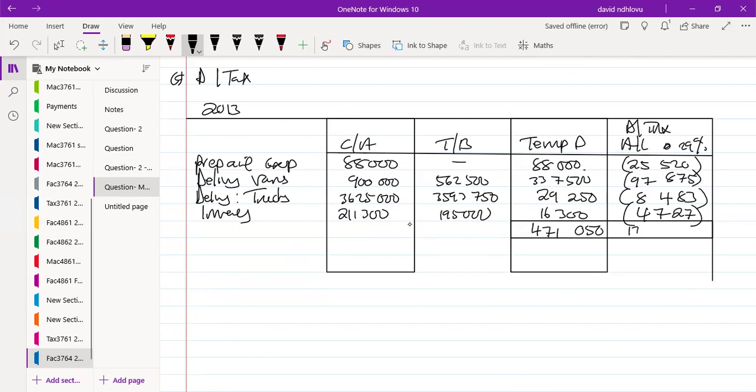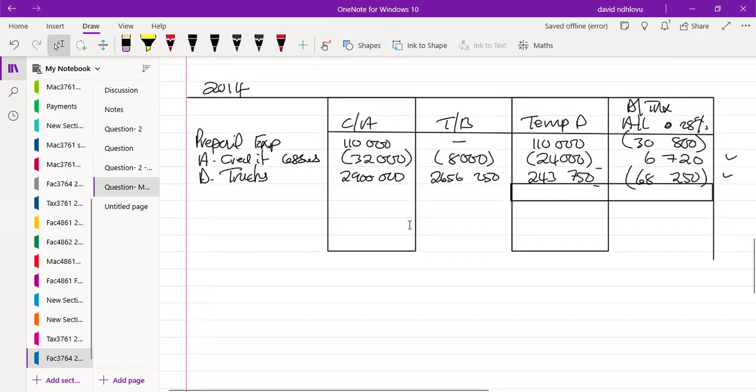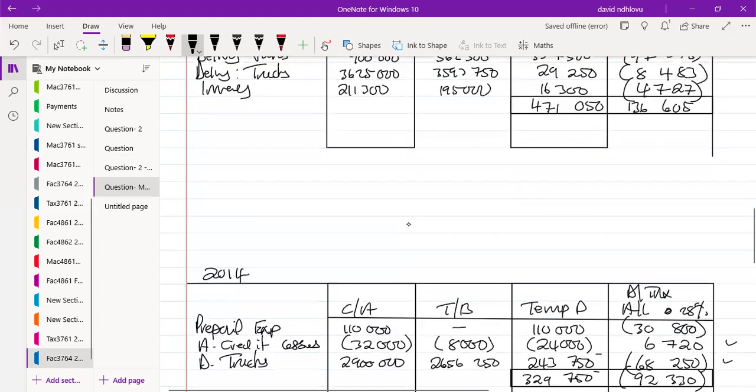Then we are sitting on 136,605. Then 110,000 positive minus 24,000 plus 243,750. Then we're going to have 329,750 multiplied by 0.28. And then we're going to have 92,330, which is a negative amount.